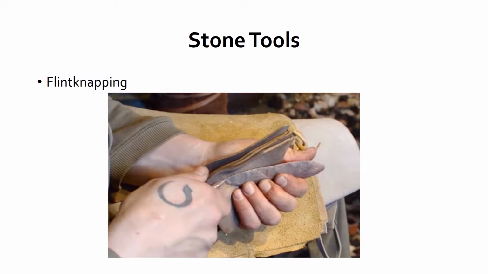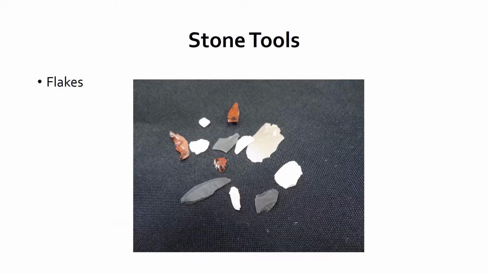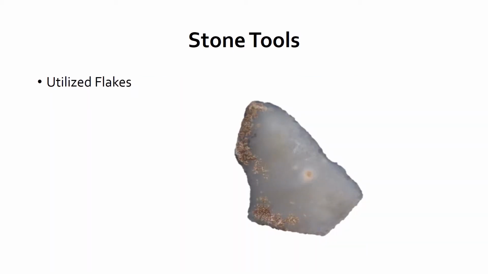Now, when you get down to the finer detailed work of flint knapping to create the edge and the shape that you'd like, you get even smaller flakes. So these are some examples of these small, tiny flakes. But in the process of creating stone tools, sometimes flakes will come off that aren't meeting the requirements of making whatever tool is intended, or maybe the flake itself is the intended tool.